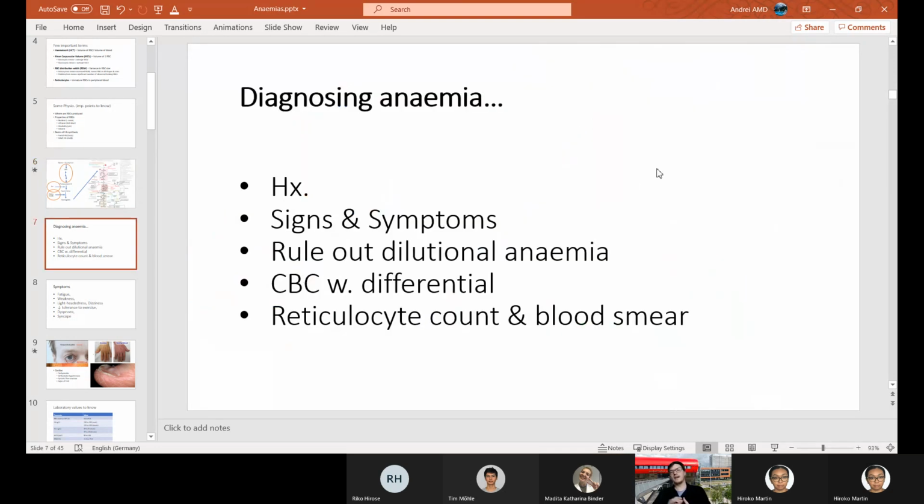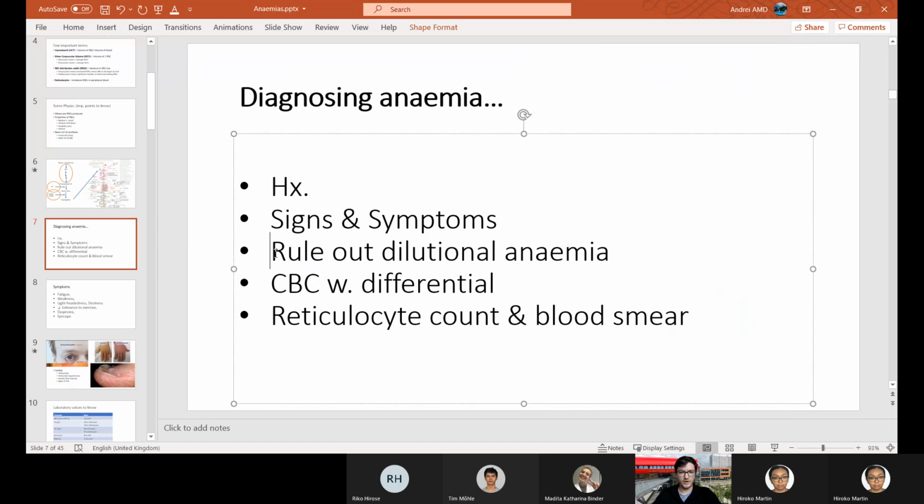Next up is how do we diagnose anemia? Well, first of all, we have to ask the patient about their history, what they've been doing, eating, and so on and so forth. We'll talk about it a little bit later. Then signs and symptoms. Those are pretty important, but you can't always be 100% sure that they have anemia, which is why you'll be carrying out further investigations.